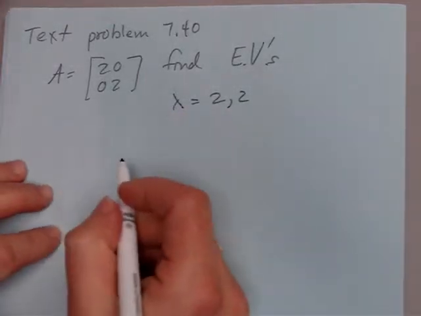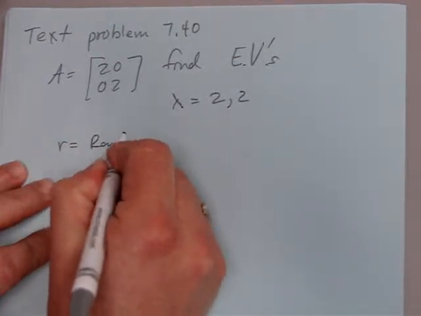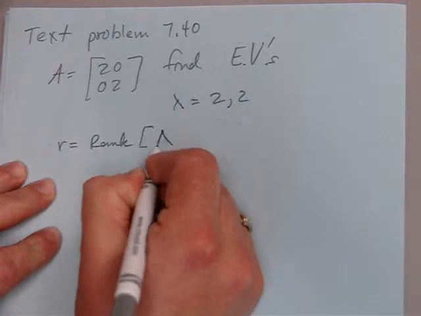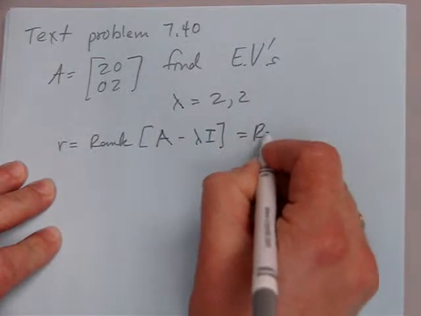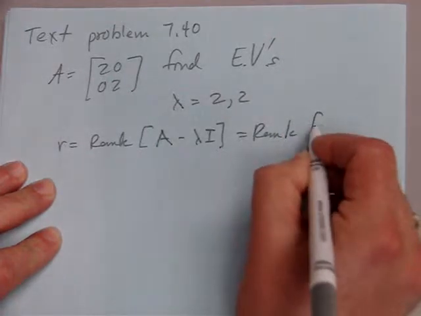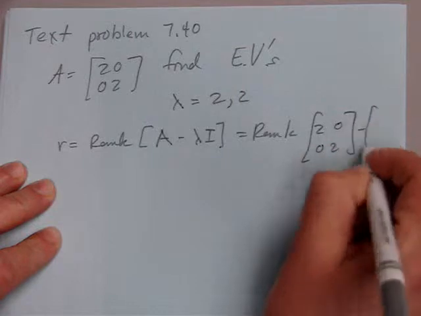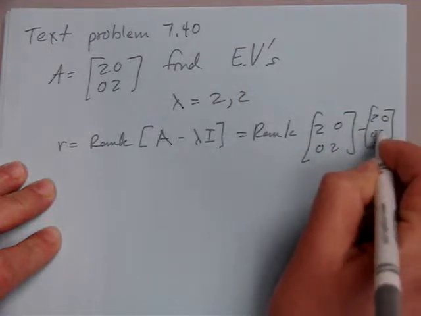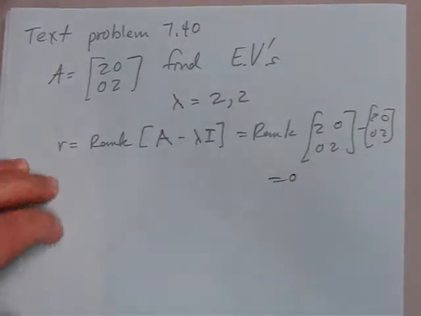So it has multiplicity of 2, and when we look at the rank, call it R, of A minus lambda I, we get the rank of [2, 0; 0, 2] minus [2, 0; 0, 2]. So we get the rank of a 0 matrix, so that rank is 0.